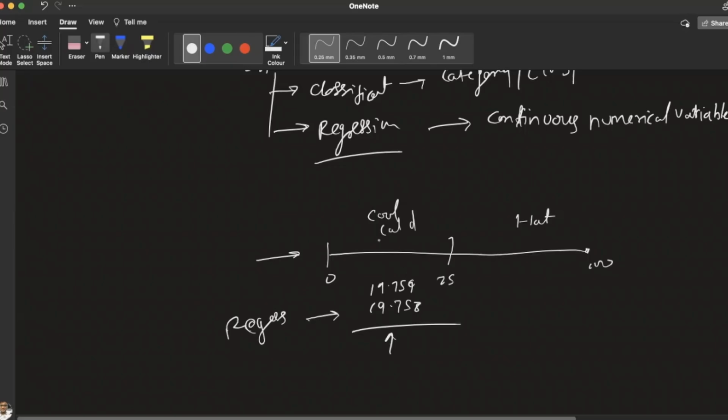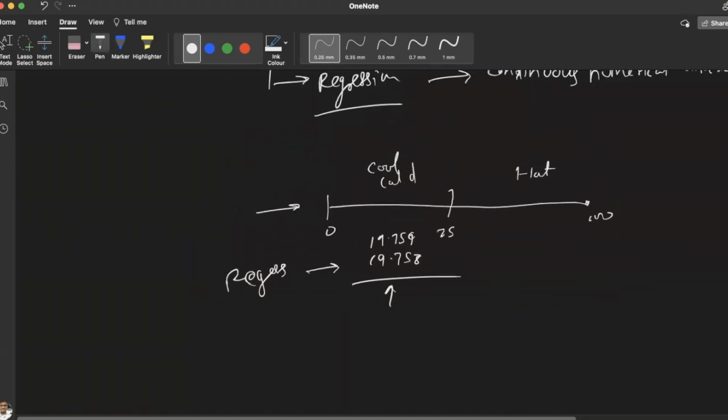In classification, it cannot be anything other than cold and hot, either of these two. But in regression, it could be literally any value, right? So that's the main difference I want you to understand, and I hope you are understanding it. This is the difference between classification and regression, right?